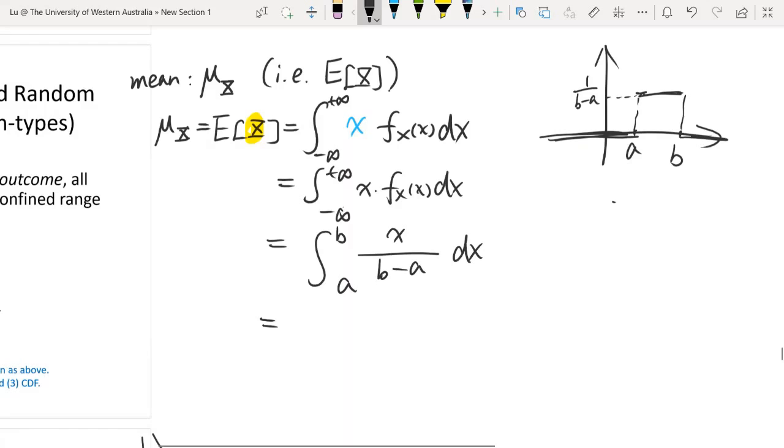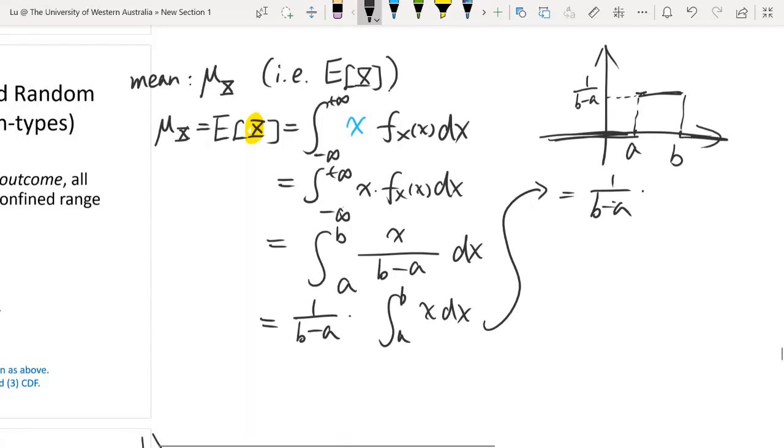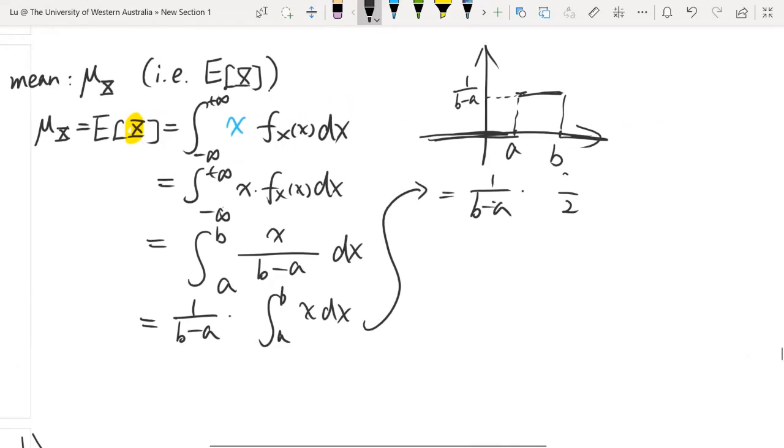We can move the 1 over b minus a out, so 1 over b minus a times the integration of x dx, which is 1 over b minus a times half x squared between a and b, which is (b squared minus a squared) over 2.